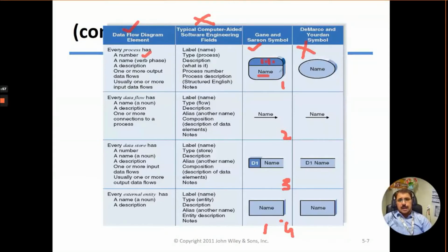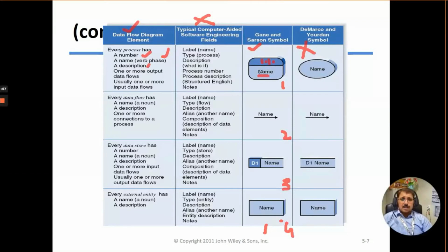Okay, and a name, this is a name, and the name will be a verb phrase, like purchase, update, confirm, search, okay, and so on. And it may have a description also. Sometimes some people put a description, some people don't. It's up to you.